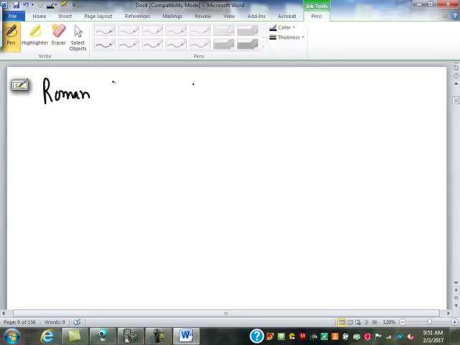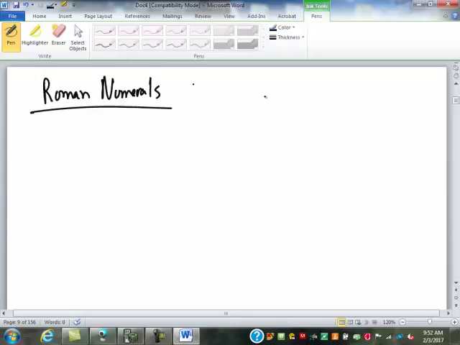We want to look at Roman numerals. The Roman numbering system is much different from our system. It's not a place value system. The place value is only relevant compared to its location to other symbols, not its absolute location within the number.